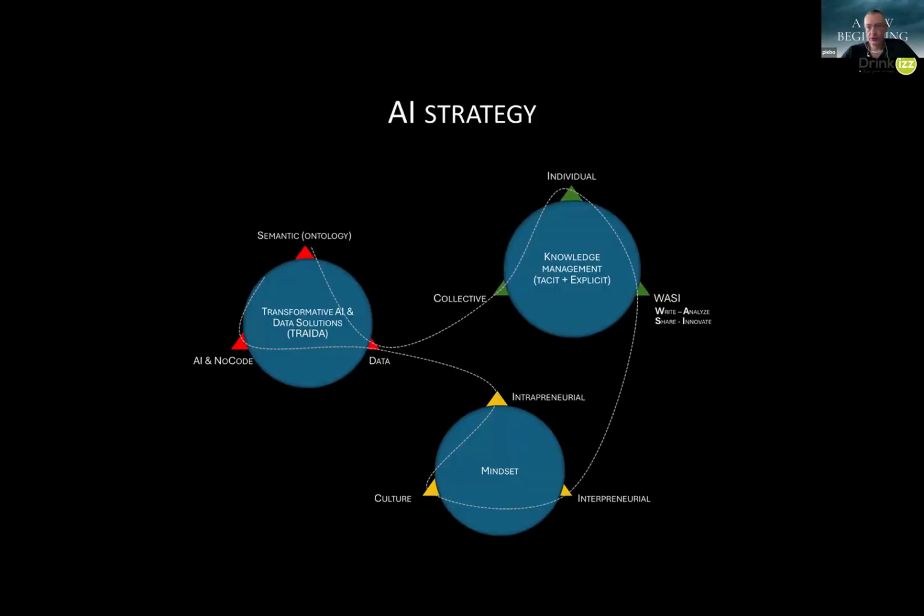In this approach, we consider three domains of knowledge and expertise that we need to support the transformation with this new technology, AI.